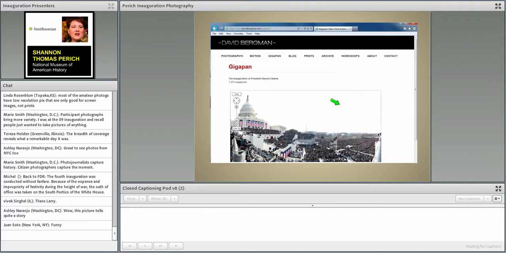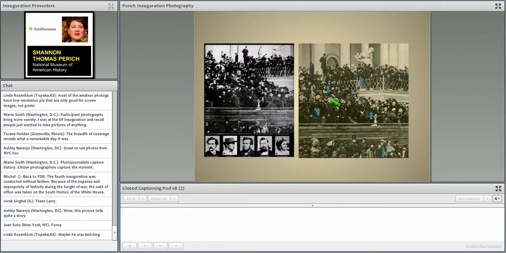So what do we learn from this comparison? We understand that security was not the same. We understand that this is actually a very modest inaugural ceremony. If you look at it in comparison to the others, there's no pomp and circumstance. Actually, you don't see too many men in formal wear. You do see some in their top hats, but not too many. You can see that there is this rough-hewn stage, front of the stage.